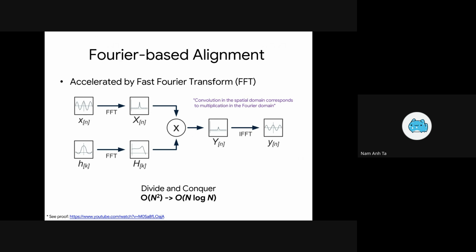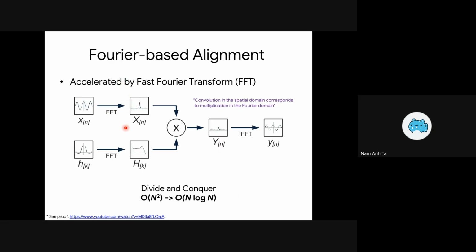The second thing here is the FFT, or the fast Fourier transform. This is the engine of the efficient alignment. The FFT is a landmark algorithm that can reduce the computational complexity of the original Fourier transform. The mechanism of the FFT is to use divide and conquer strategies to speed up the Fourier transform. The process here is to take two signals right here.